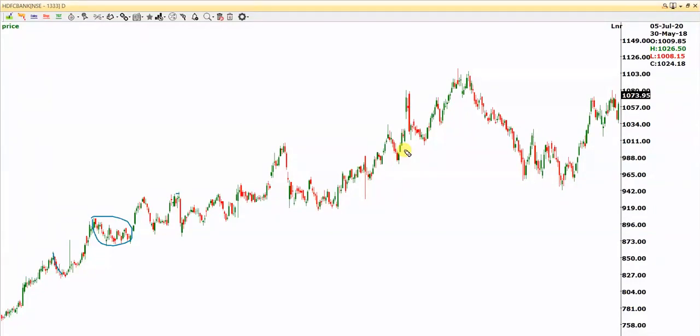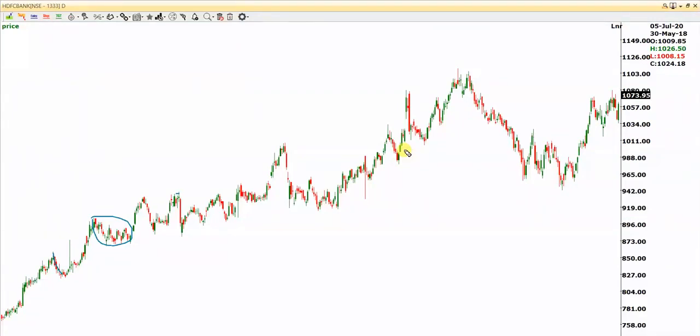Not 100%, but let's say 60-40, right? Big players and fund managers who want to sell their portfolio will not sell it in 1 day, 2 days. They will distribute over a period of time. So once they start to distribute their portfolios, that will cause stocks to trade sideways.